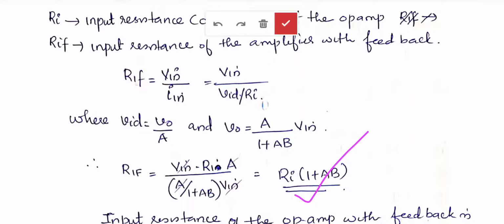Input resistance with feedback is input resistance without feedback into 1 plus A beta. The same expression we have seen in module 3 for voltage series feedback. The input has a series connection, so the resistance will increase.